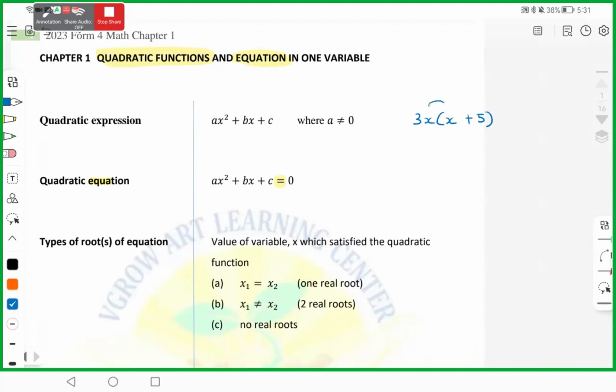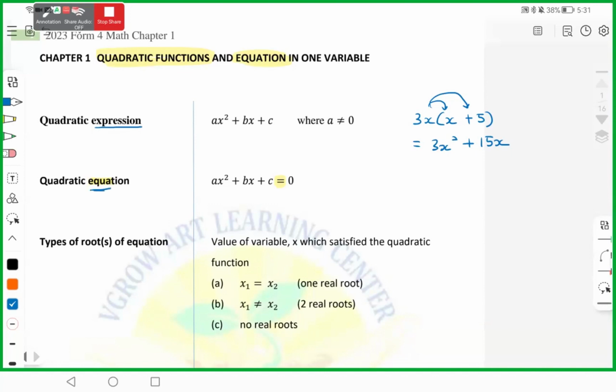So we times in, and we get 3x squared plus 15x. This is the example of quadratic expression. Express means you simplify, you times in, you get the answer only.